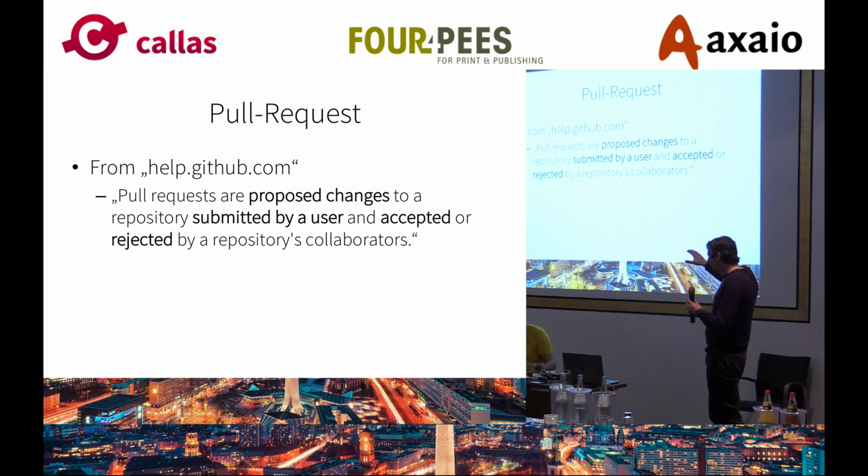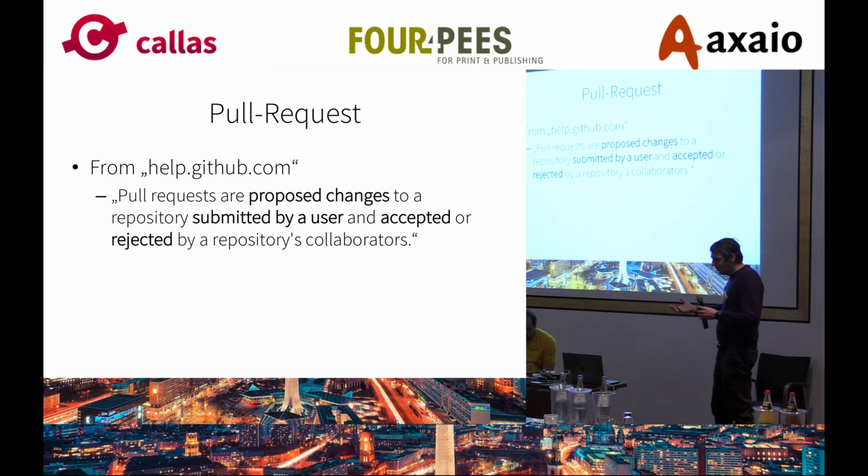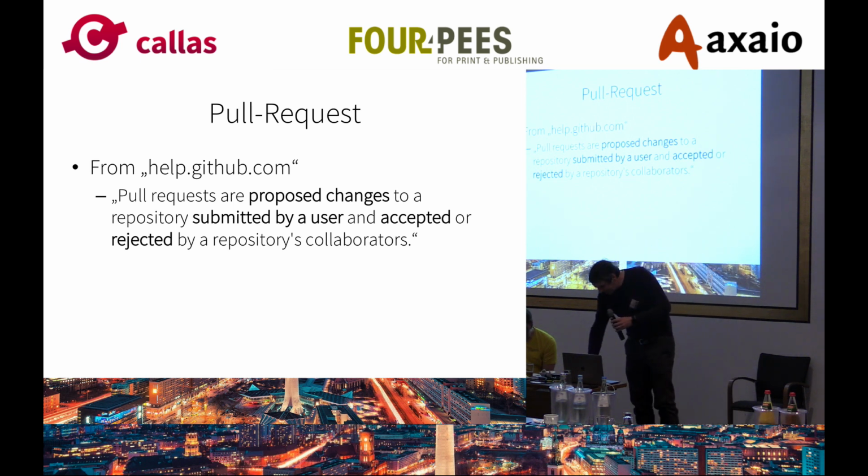So with GitHub it's different, because the repository is owned by someone, but from the pure Git implementation, it's just two repositories which are connected by a fork, and you can pull in both directions. You could also push in both directions, but I don't think that's supported in GitHub.